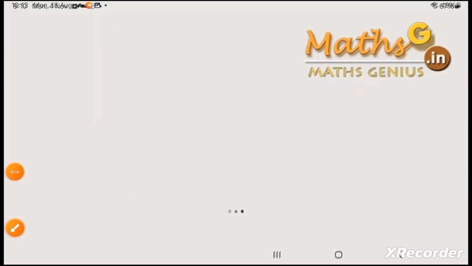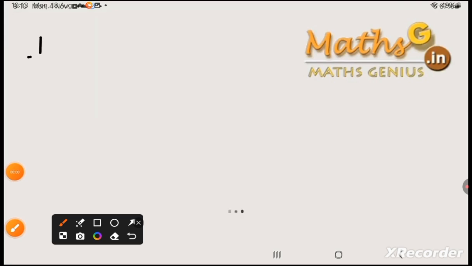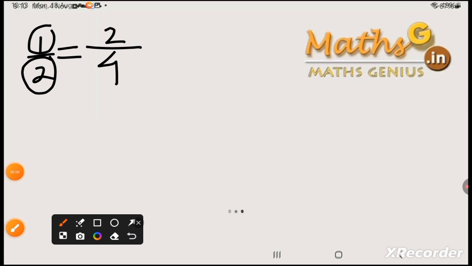Another example, a quicker one, more than one also. Let's say 1 by 2. If I multiply the numerator 1 with 2, it will become 2. If I multiply the denominator with the same value 2, it will become 4. So 1 by 2 is equal to 2 by 4? Yes.